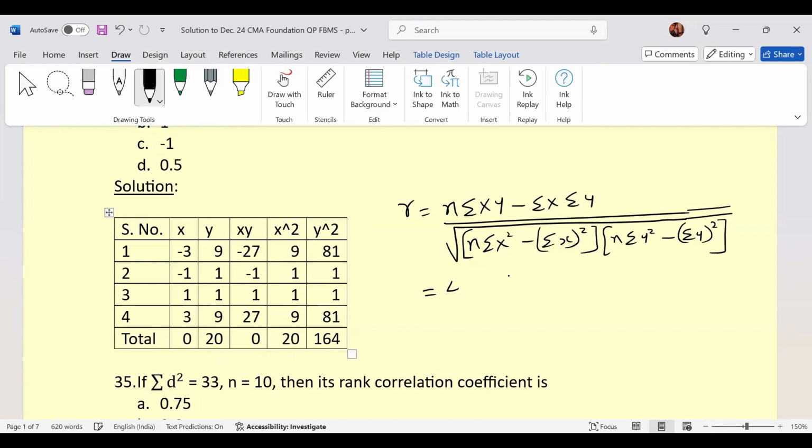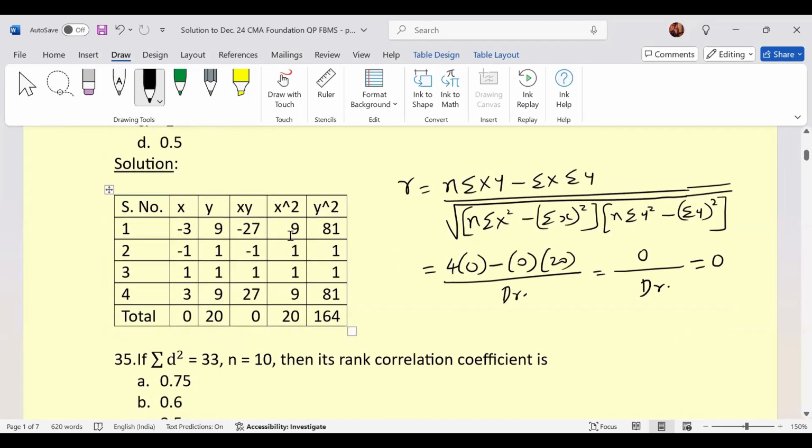Here we have 4 pairs of data. Sum xy is 0, sum x is 0, sum y is 20. So the numerator is becoming already 0. I'm not expanding the denominator. Numerator is 0, so the correlation coefficient will be 0. So that is our option A.